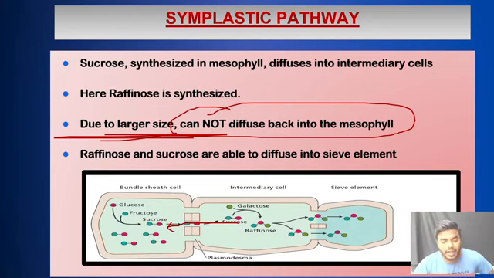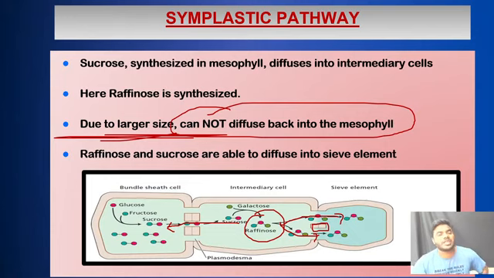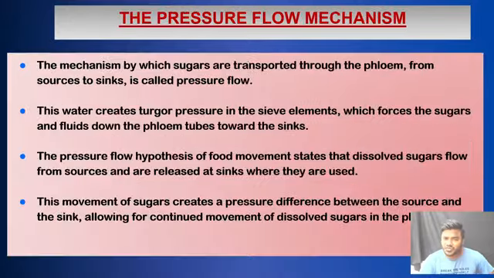They never come back. Instead, what is happening? The raffinose and stachyose, the larger sugars from the companion cell, enter into the sieve tube element. How, friends? Of course, via larger plasmodesmata. Finally, they will enter.